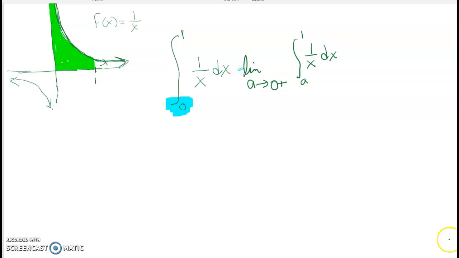Well, when we do this, I'm going to suggest right now a shorthand. So this is our issue. And so I'm going to do this. We know our antiderivative is ln of x. And I'm going to say my lower limit of integration is 0 from the positive side. That will remind me that this thing is technically a limit, because I only have to worry about that limit being troublesome if it's indeterminate.